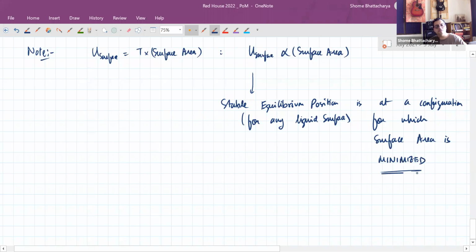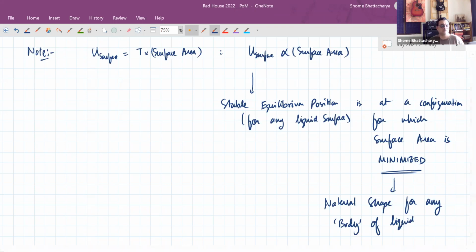So that is the natural shape taken by any fluid body. It tries to minimize its surface area.